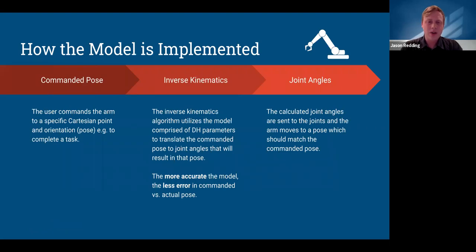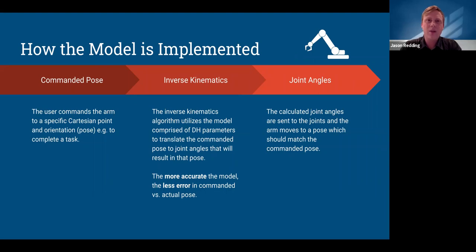And this is how it works. So if a user has a commanded pose for a robot arm, the user would input these Cartesian point and orientation, and the inverse kinematics algorithm would use that model comprised of DH parameters to translate that into actual joint angles.